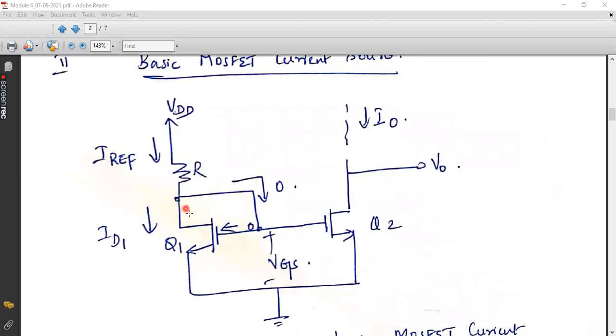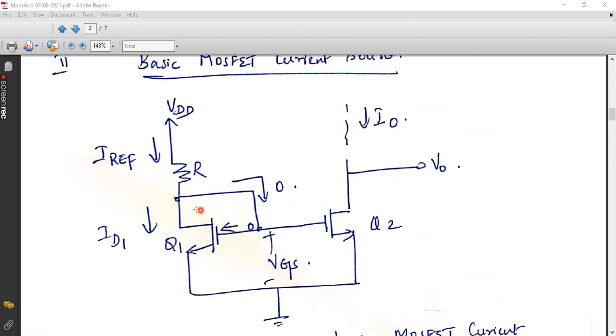Why do you want to maintain Q1 in the saturation region? Because I need to ensure that the reference current is fixed irrespective of any parameters. The reference current should be constant, in spite of any change in the voltage. So to ensure the constant current, we need to operate this Q1 in the saturation region itself.